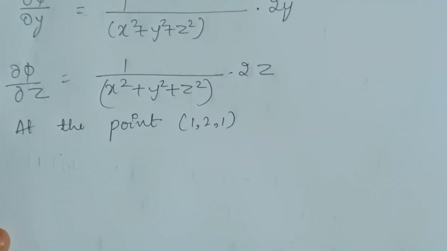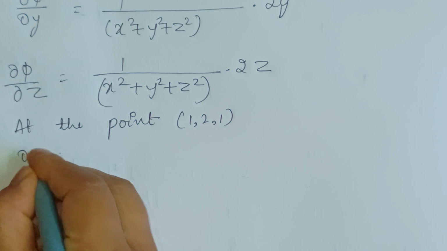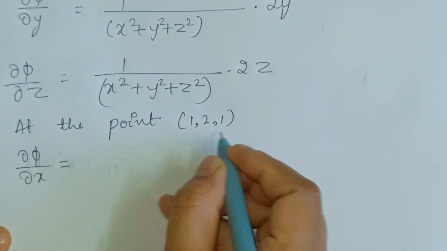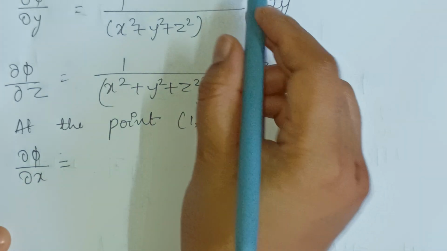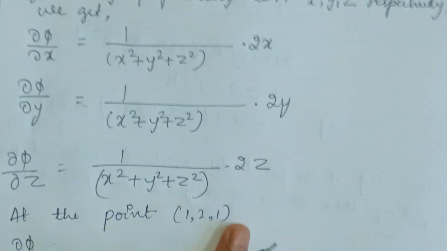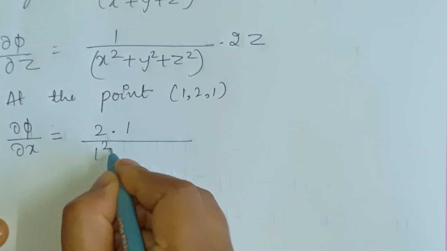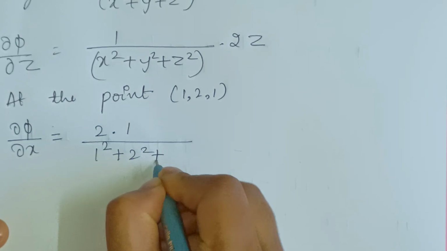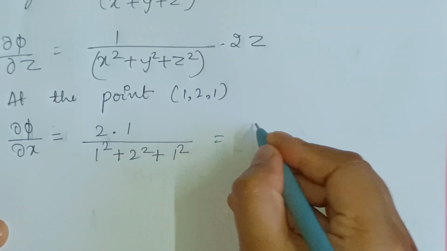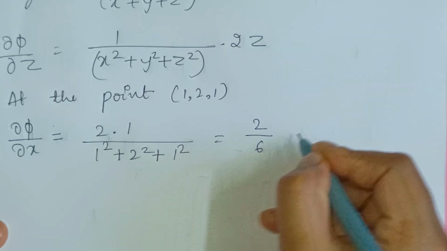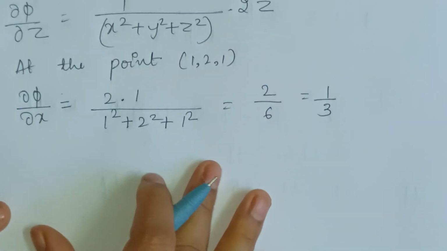Now we know that the point is given at 1, 2, 1. So I can write dou phi by dou x at the point 1, 2, 1. Here I have 2x, so 2 into 1 divided by 1 square plus 2 square plus 1 square, which is 2 by 1 plus 4 plus 1, equals 2 by 6, equals 1 by 3.